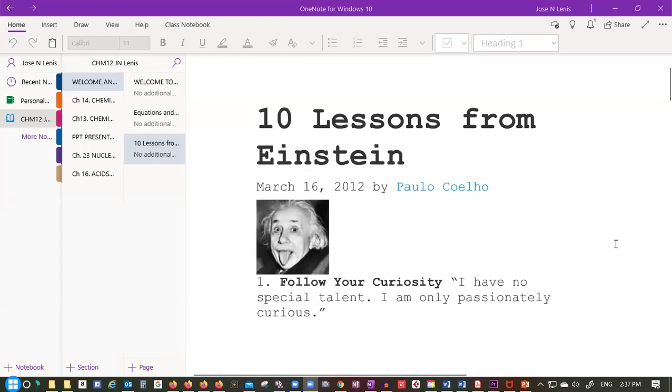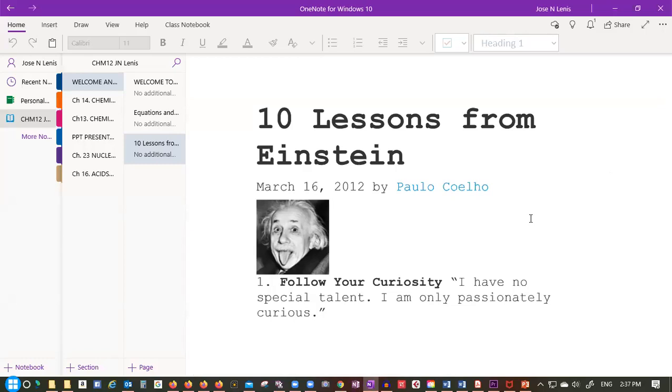That's how we are going to manage this topic, acids and bases. So let's start with this one.